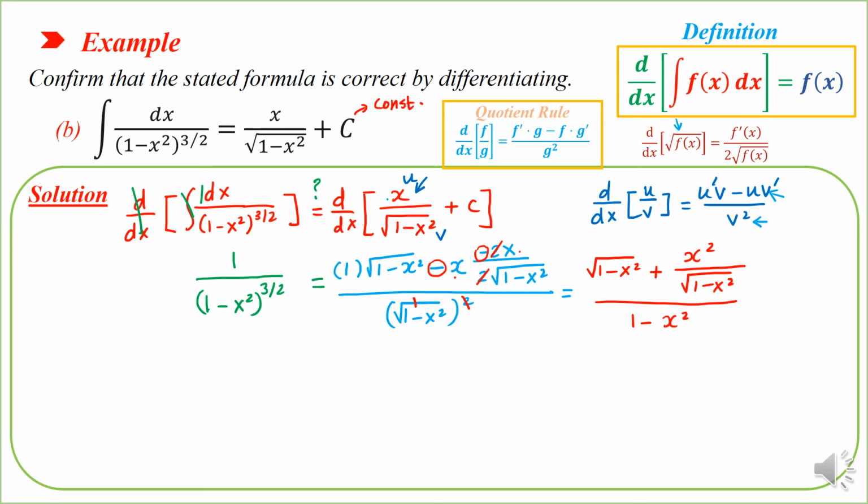Now you have to simplify the expression in the numerator here, so you have to multiply here by square root of 1 minus x squared, and here by the same function, and you will get power 2.